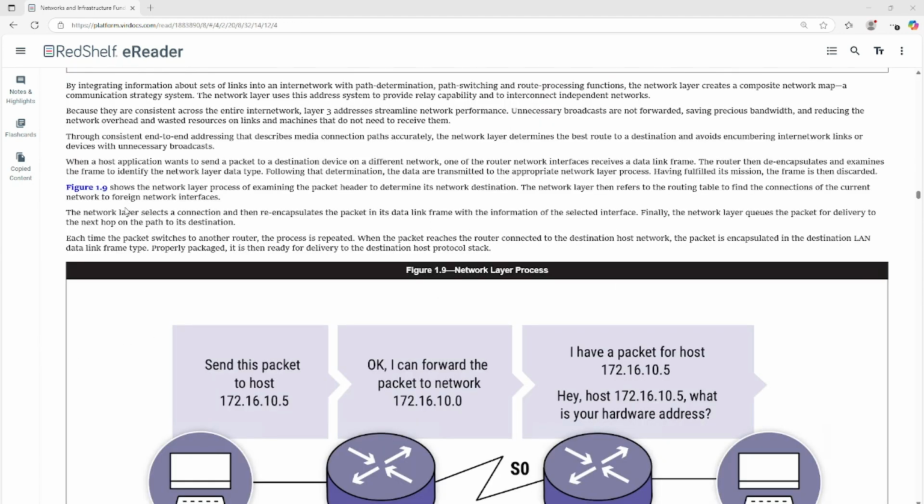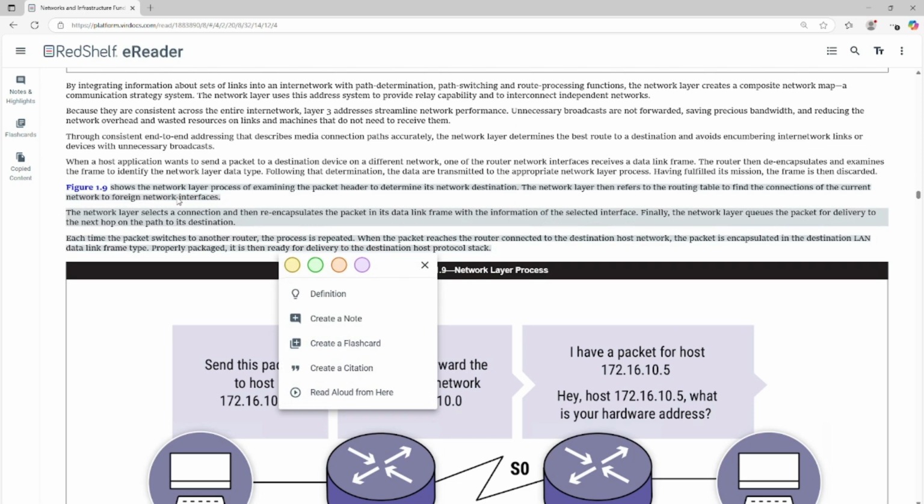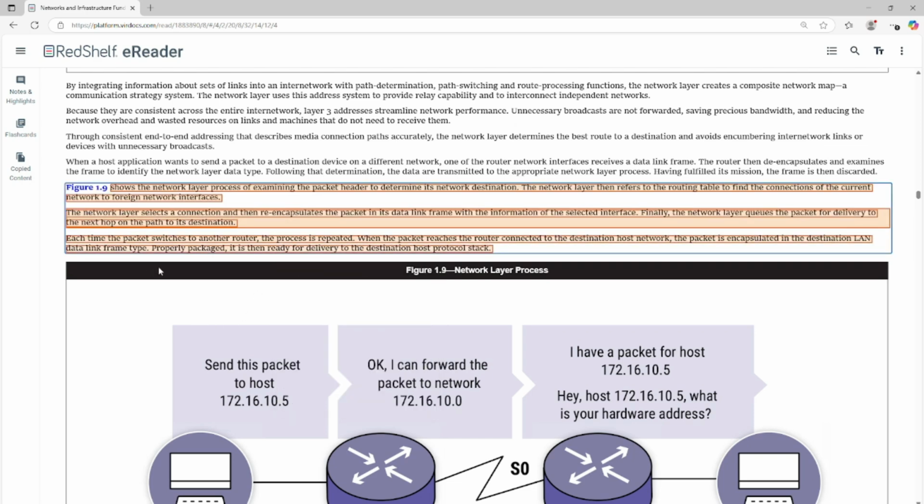For an understanding of how a router operates at the network layer, the diagram in Figure 1.9 depicts how this process operates. You should read this to understand how packets are routed. The process is very simple.